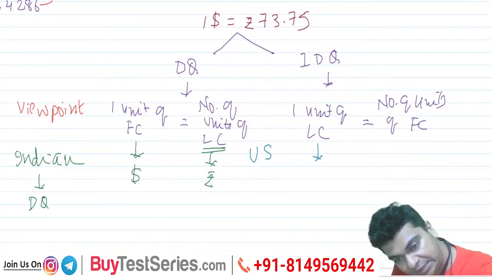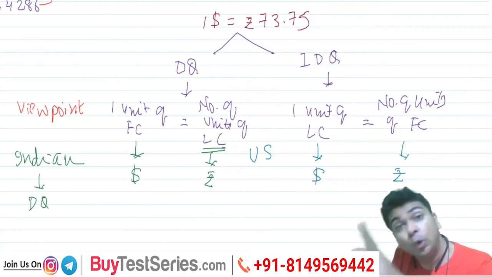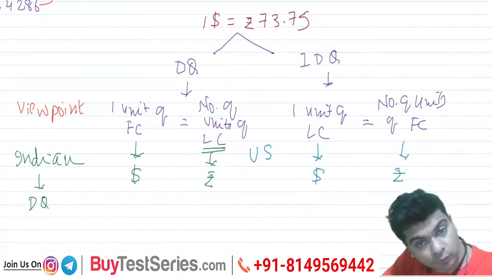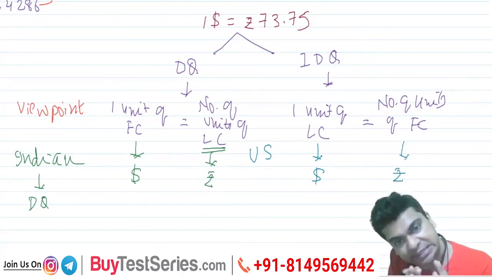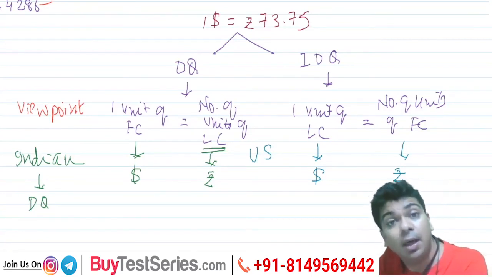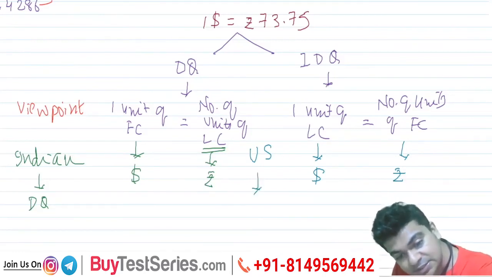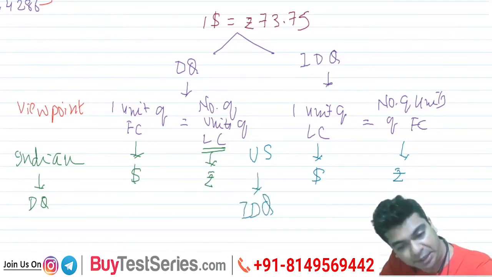Your local currency will be dollar, isn't it? And what will be the foreign currency? Rupee will be the foreign currency for you, right? So if you are a US citizen, then this quotation on the screen is not a direct quotation for you. It is an indirect quotation.